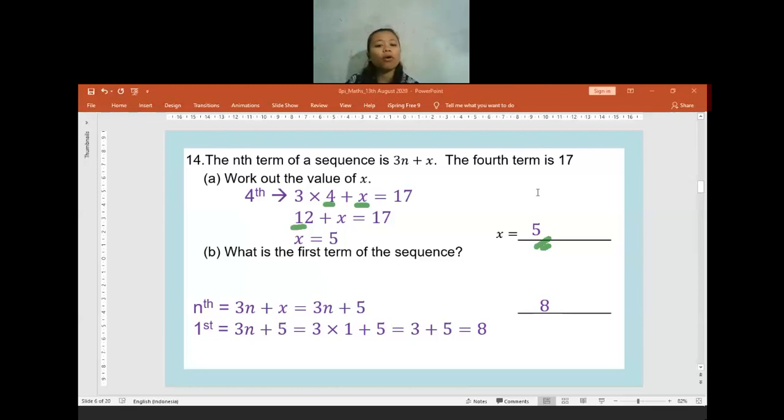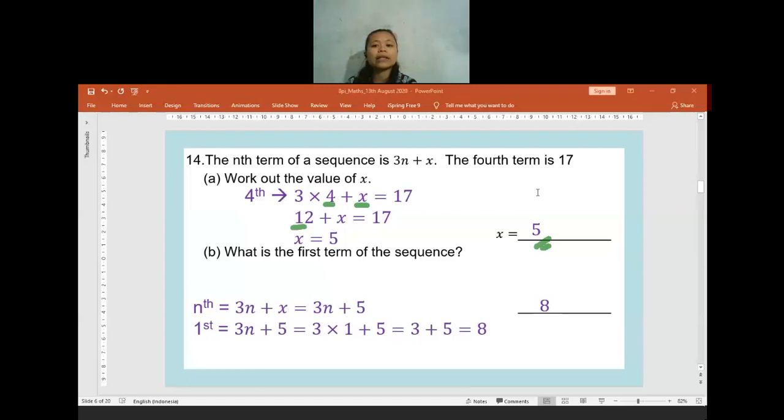For question 14b, what is the first term of the sequence? The nth term is another way of saying the position number. When we already have the nth term, we can assume it as the position number, because the nth term is a shorter way for us to show the position-to-term rule.